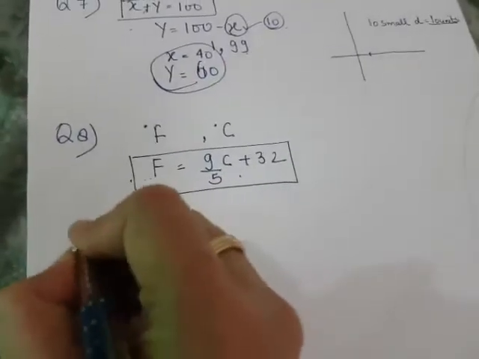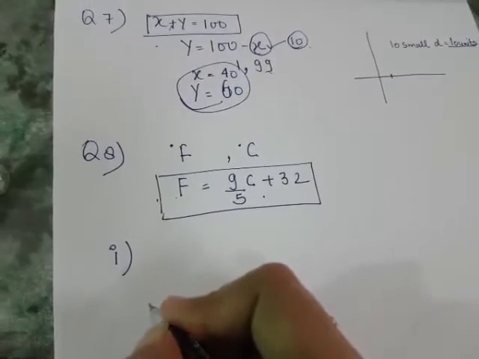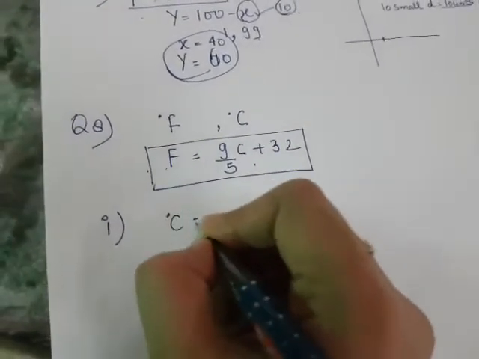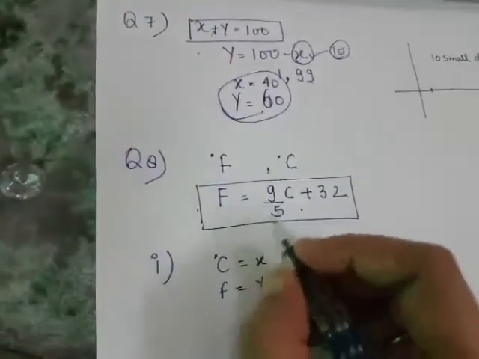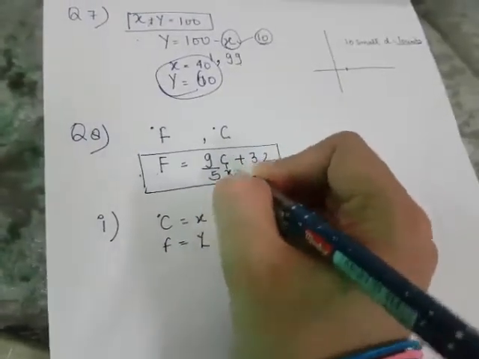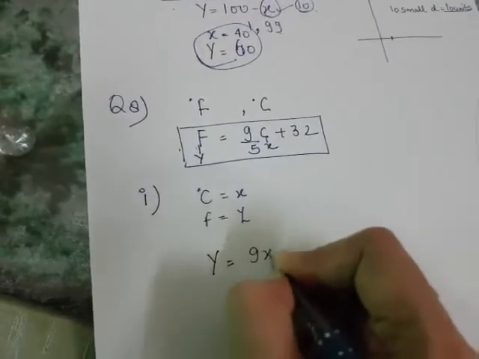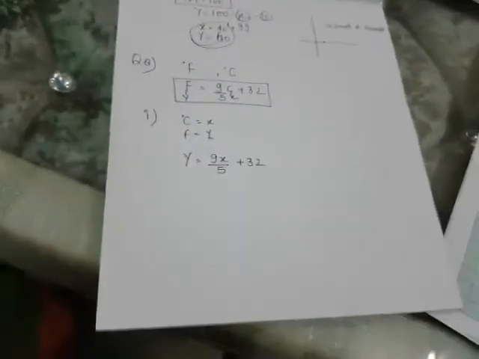Now come to the first part of this question. They are saying draw the graph of the linear equation above using Celsius as x and Fahrenheit as y. So if we write this as x and this as y, what will be the equation? y equal to 9x upon 5 plus 32.